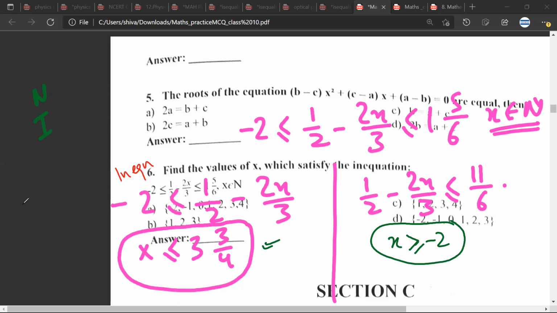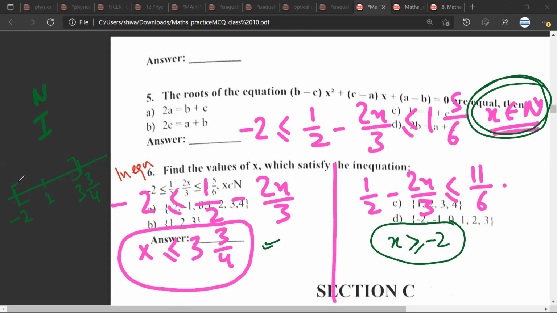No doubt. And now comes the critical part. Let us see that x is greater than or equal to minus 2, and x is less than or equal to 3 by 4. So here you have 3 by 4. Now, just take care, because x belongs to natural numbers, x won't go till here. x will actually start from 1.